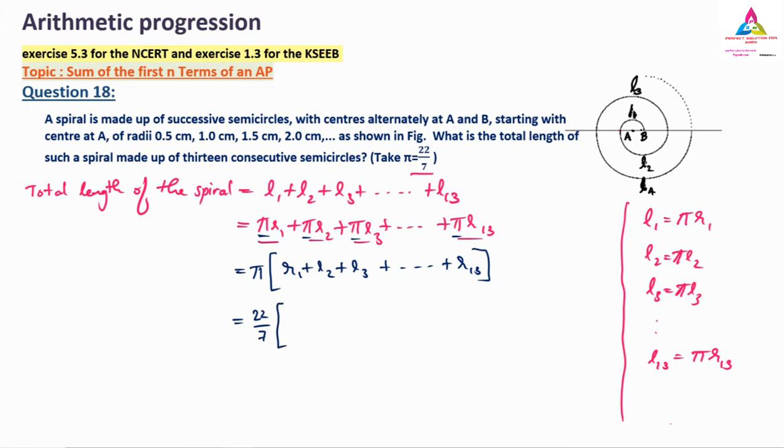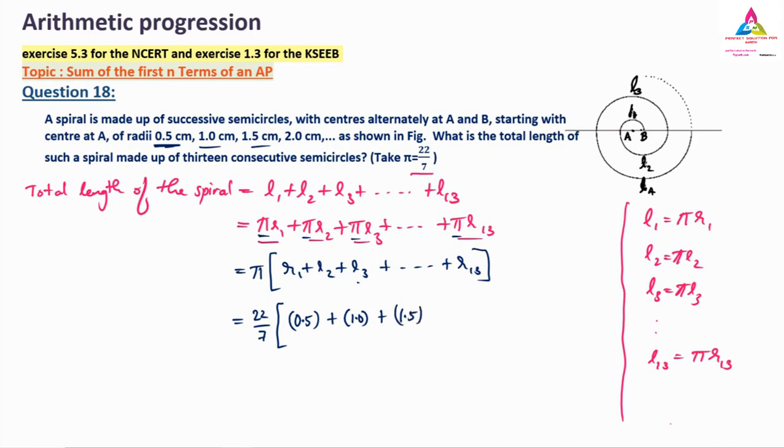And next, the R1 value, very important. How much is the R1 value? The first radius is 0.5 centimeter. I write 0.5 centimeter here, plus next R2, the second radius, is 1.0 centimeter. Next R3 is nothing but 1.5 centimeter, and we have not written R4 over here.